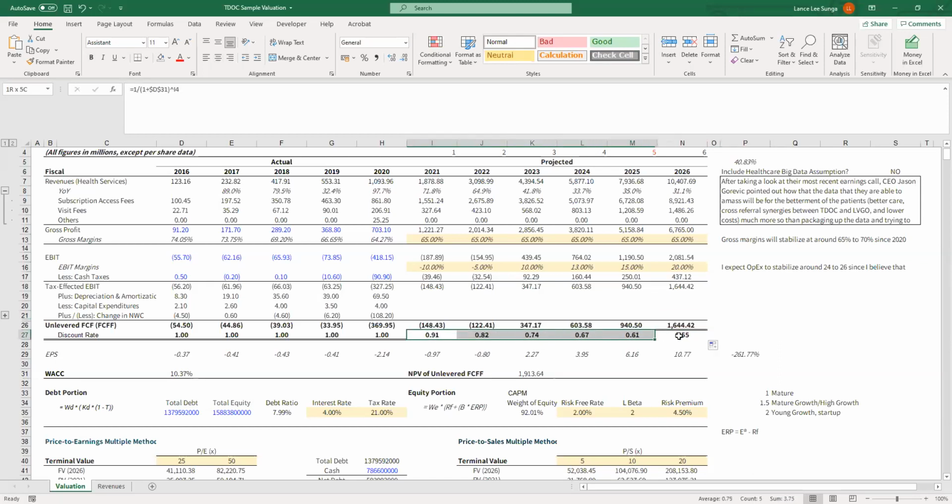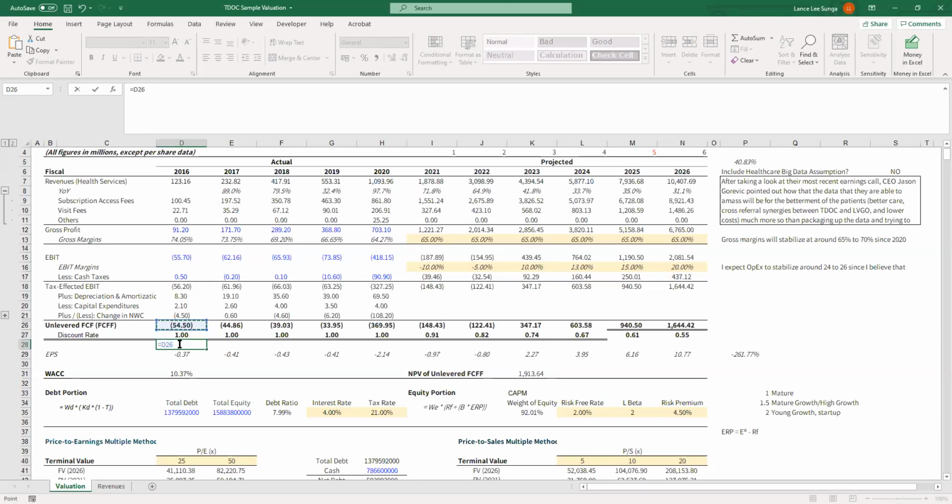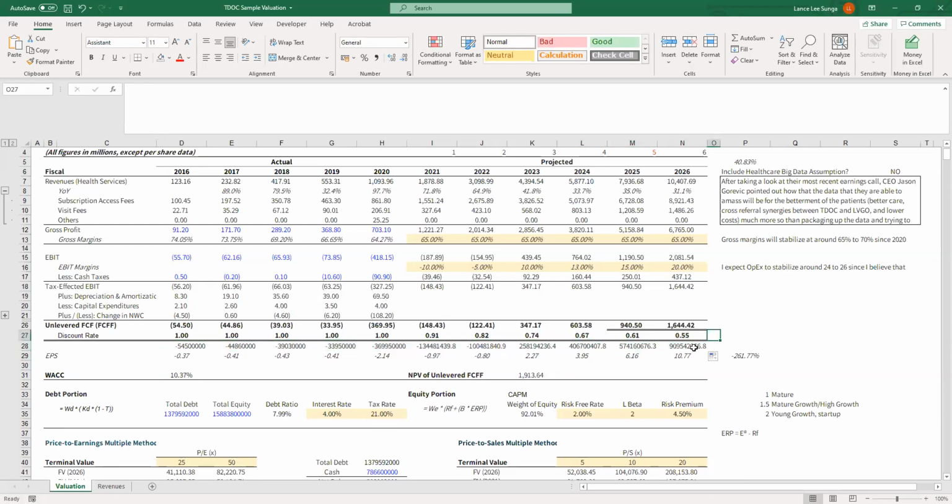So this would be the discount rate of each of the years for your cash flows. And then from there you just multiply it to arrive at the discounted cash flow.